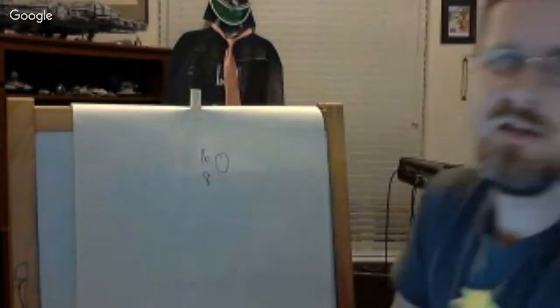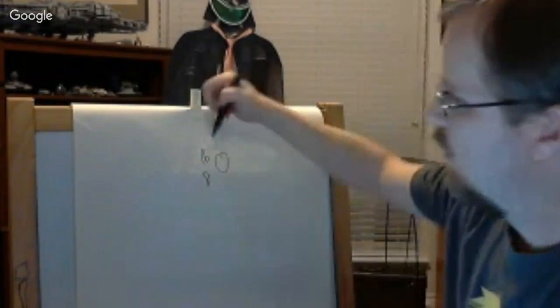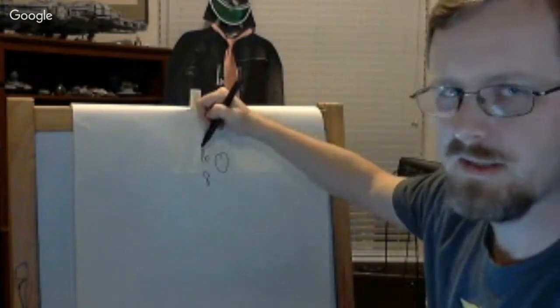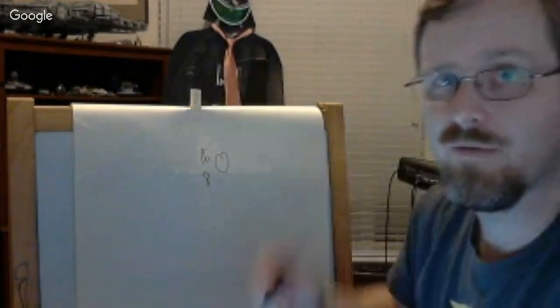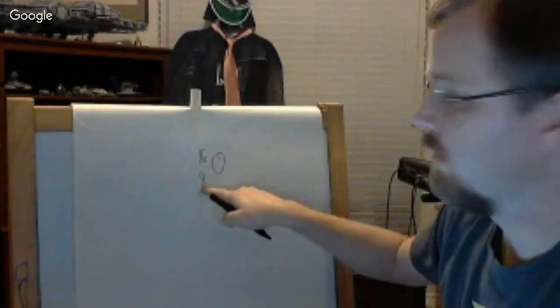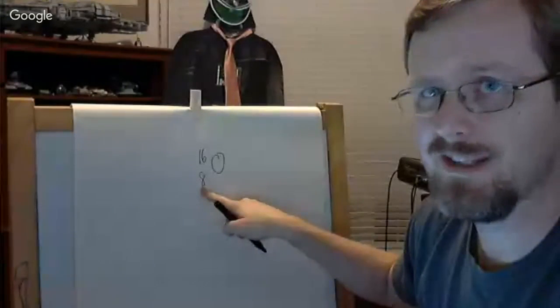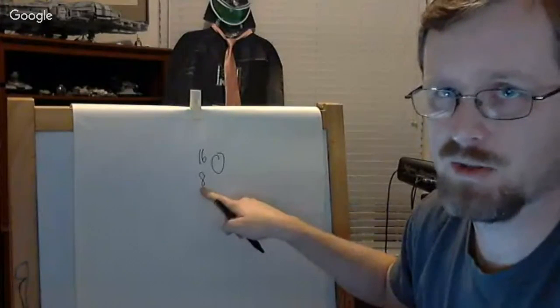Here's an isotopic notation. This is oxygen, right? O for oxygen. What is this number on top? Mass number. How do you find the mass number? The mass number is protons plus neutrons. The number on the bottom left is the atomic number. The atomic number is the number of protons, okay?